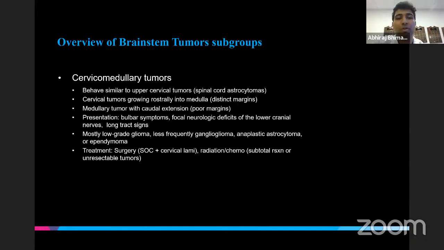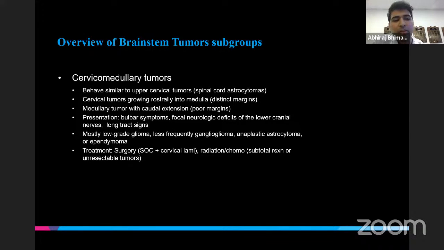These tumors tend to have distinct margins, and they basically get stopped by the long tracts, and they are relatively easy and amenable to surgical resection due to their good margins at the medullary level. However, on the other hand, there are some cervicomedullary tumors that start from the medulla and have a caudal extension.